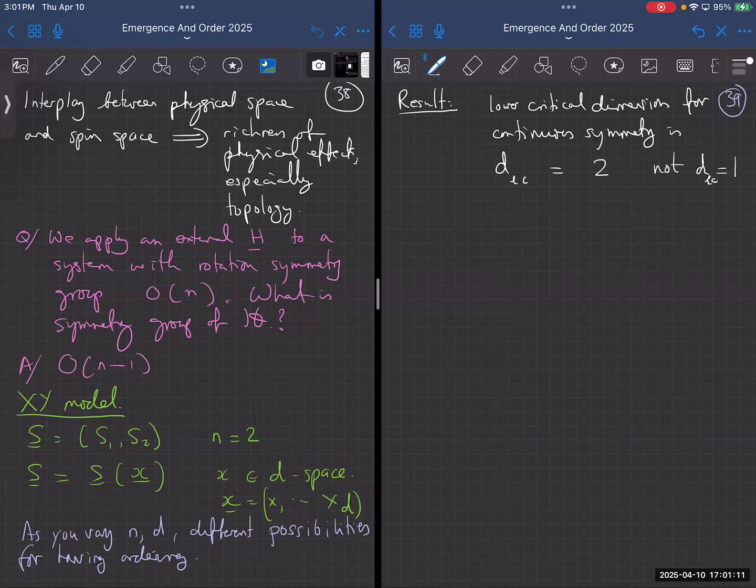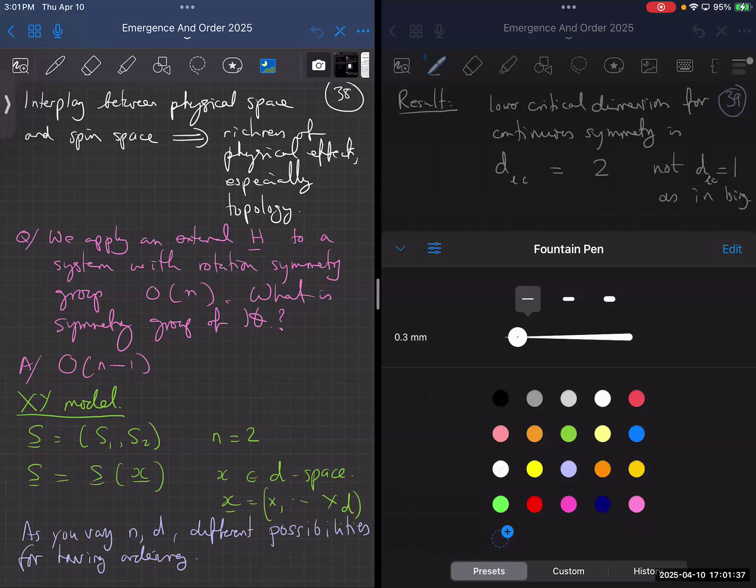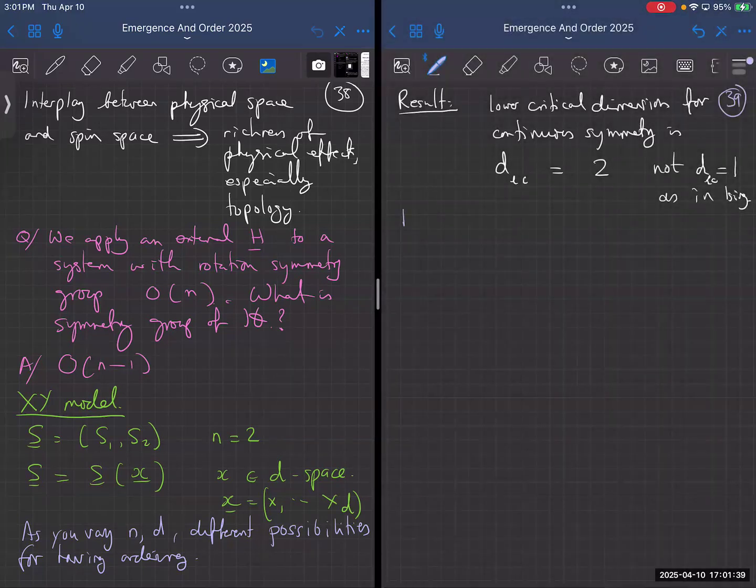So in the Ising model, if you go above 1 dimension, you will get order. But in systems with a continuous symmetry, you cannot have order in 2 dimensions. If you're anything above 2 dimensions, you can have order, but in 2 dimensions, you cannot. And so you will get to prove this later.